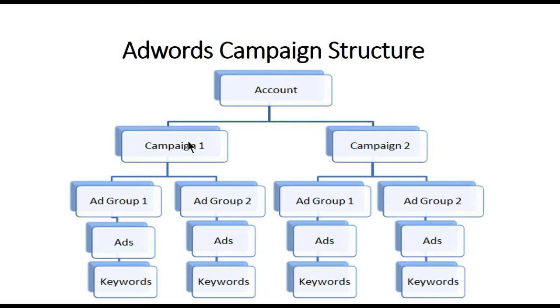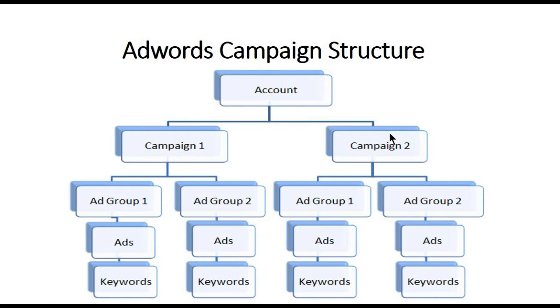Then under a campaign we create ad groups, right? So in one campaign we create a number of ad groups. Similarly in campaign 2 you will create ad groups 1, 2, 3, 4 and so on. Then under an ad group you create ads. And under the ad group you also create keywords, the keywords on which your ad will trigger, and then it will start to appear for that particular keyword.